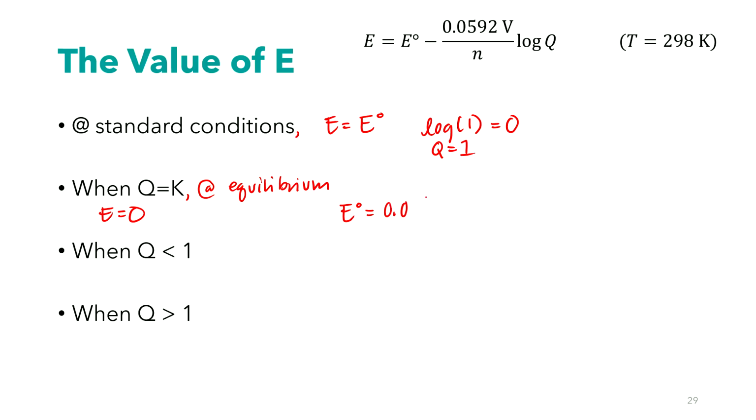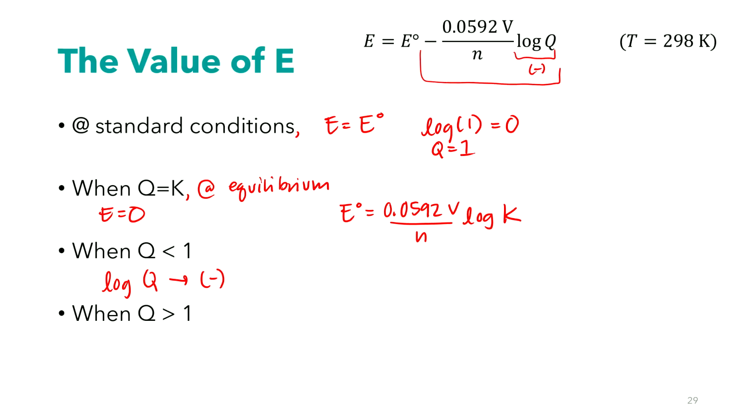So in that case, we're at equilibrium, and we could make that connection between E and K, which in the Nernst equation style looks like this. Okay? When Q is less than 1, then the log of Q is negative. So then this negative here would make this whole term positive, which means that E is greater than E naught.